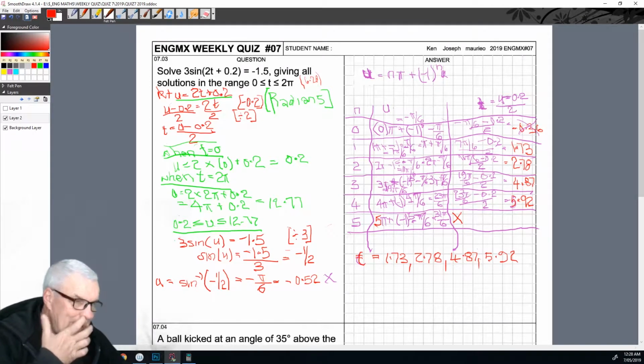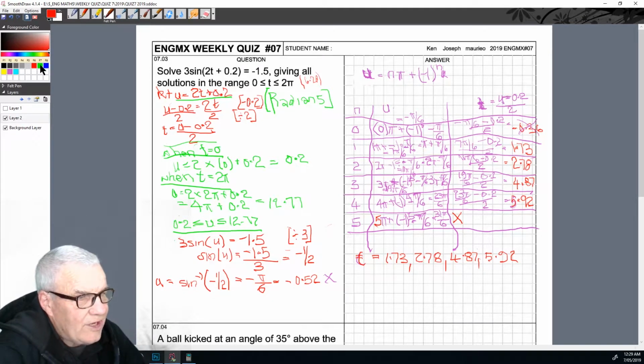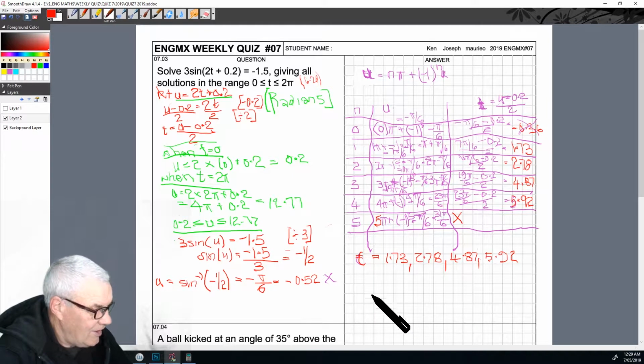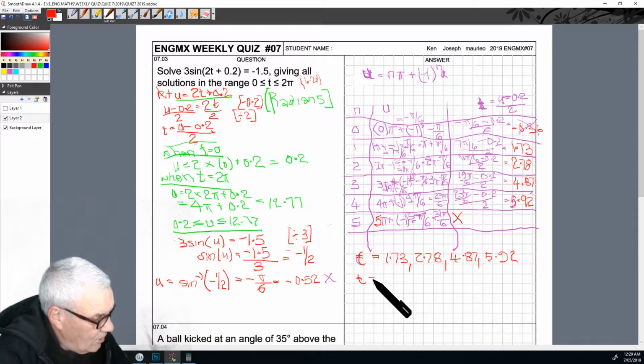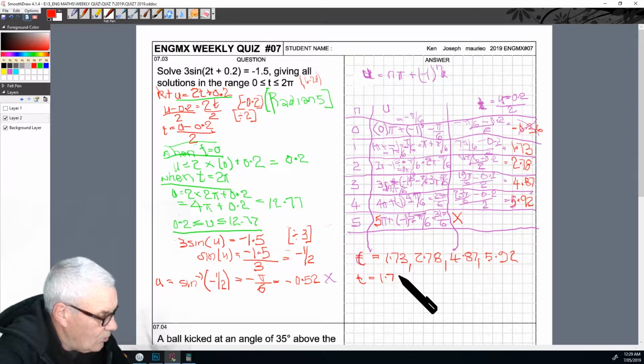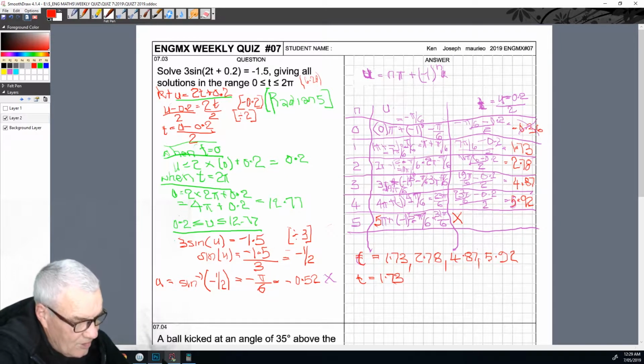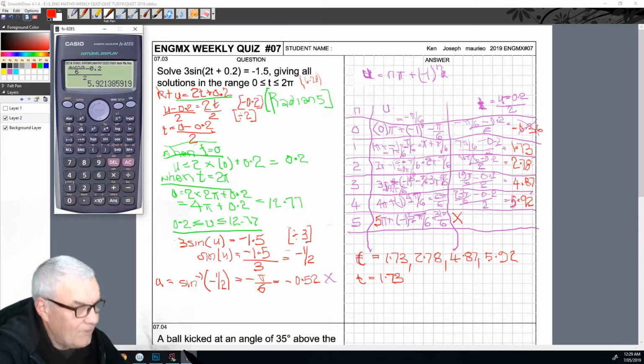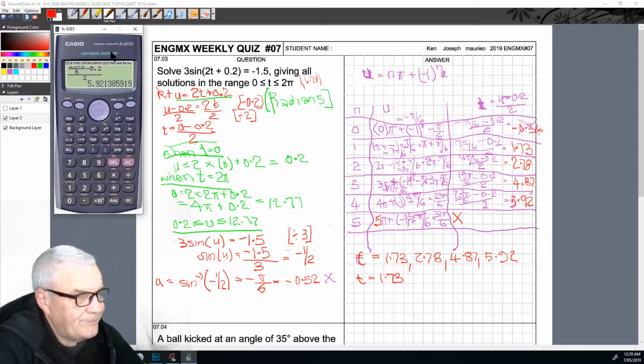Okay, and so just want to do a little check here, and let's see how one of these goes. So let's say t equals 1.73. I'm just going to get the calculator now. Go to here. All right. All clear. Okay.